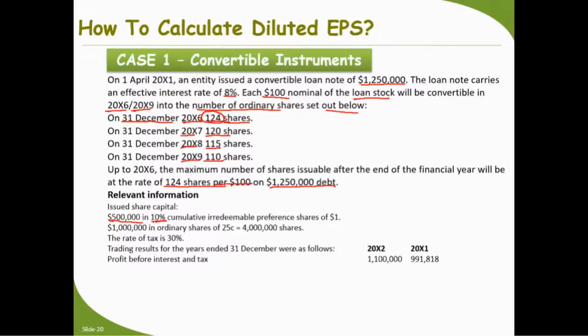So your finance cost is 100,000, which is 1,250,000 times 8%.